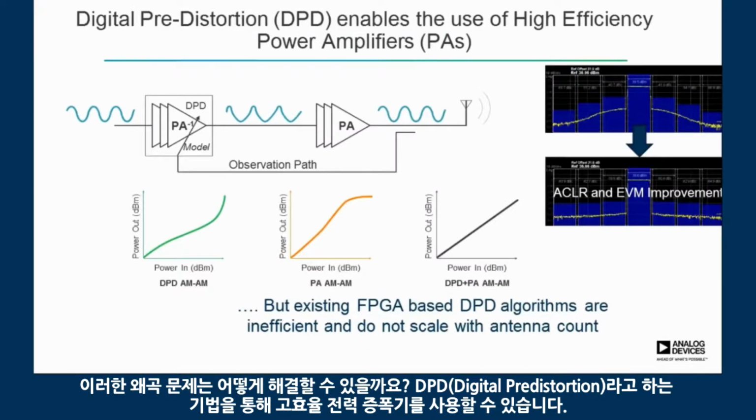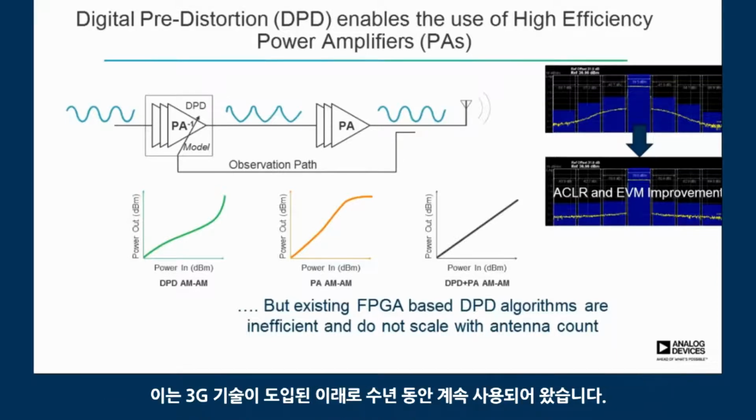So how do you get around this distortion problem? Well, there's a technique called digital pre-distortion that enables the use of high efficiency power amplifiers, and that's been around for a number of years, probably since the introduction of 3G technology.